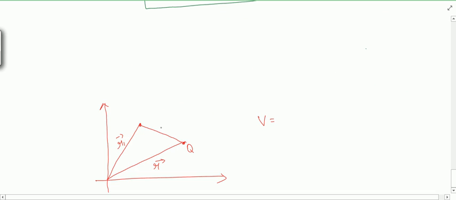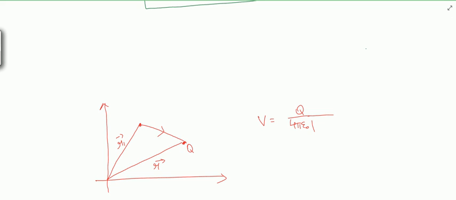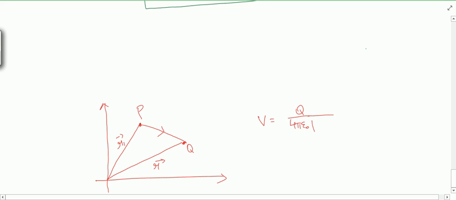So here the value of potential at this point will be q by 4 pi epsilon naught times the distance from the charge to this point, which is the magnitude of the difference of their position vectors. The charge is placed at r, and I am moving from infinity to the point r1, calculating the absolute potential at this point.